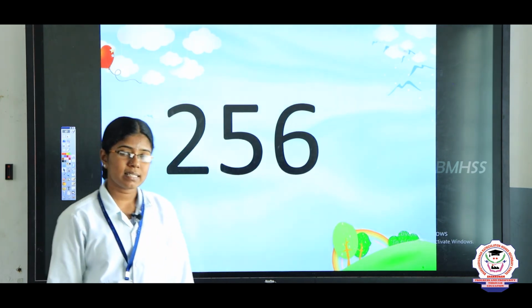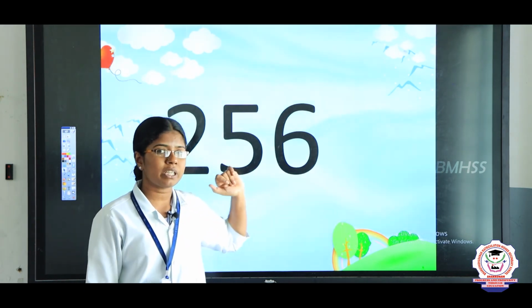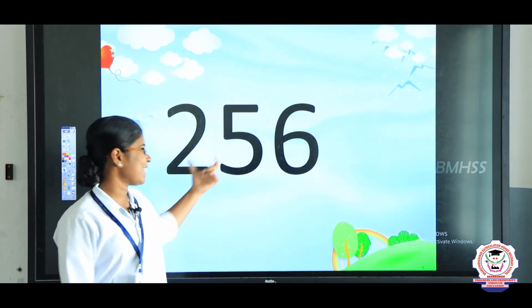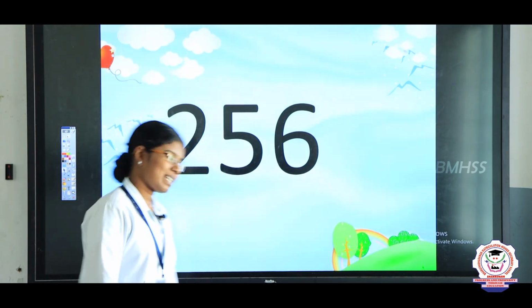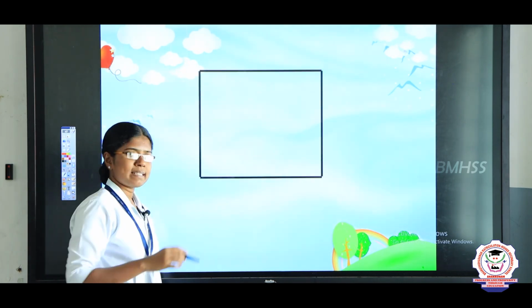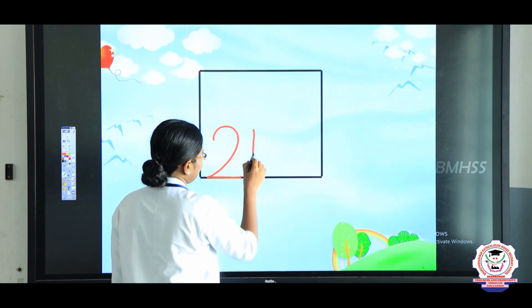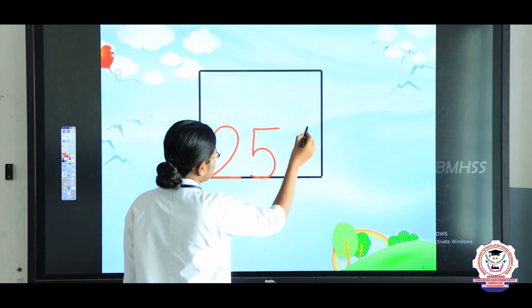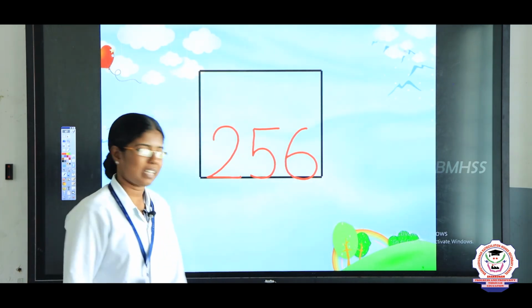So, the next number is, what number is this? Try to read this number, dears. 256. Join together. How to pronounce it? Yes, you are correct. 256. Very good. Try to write this number neatly. 2, 5, 6. 256, okay?